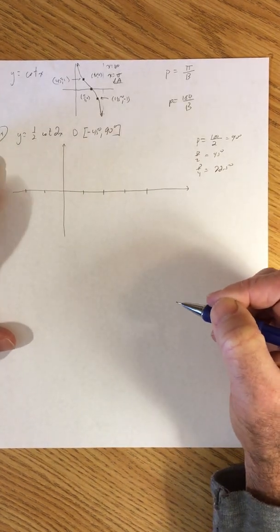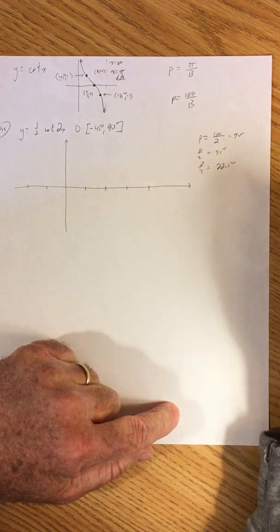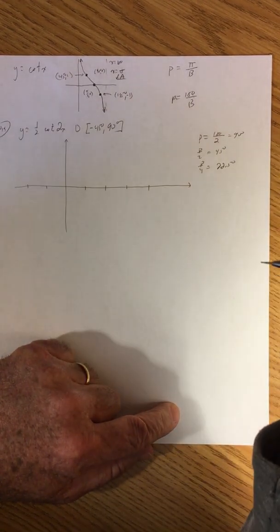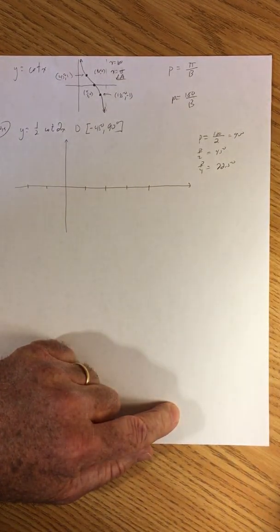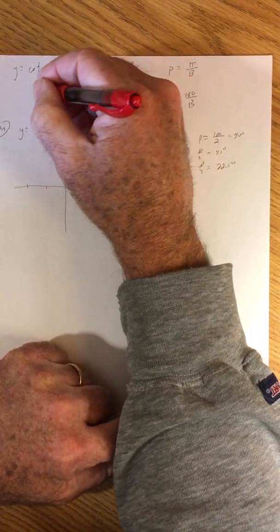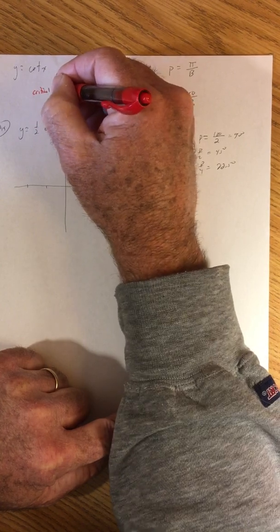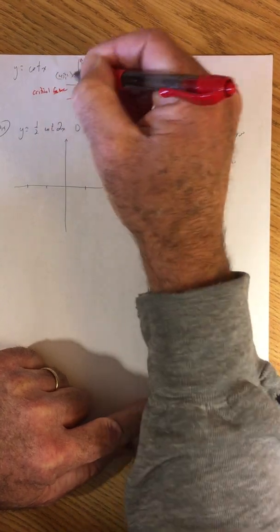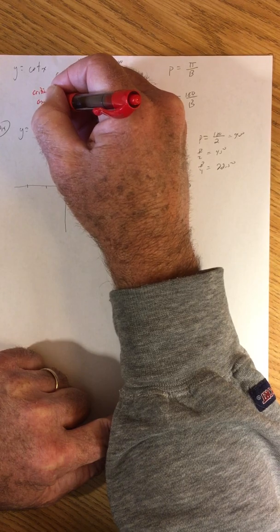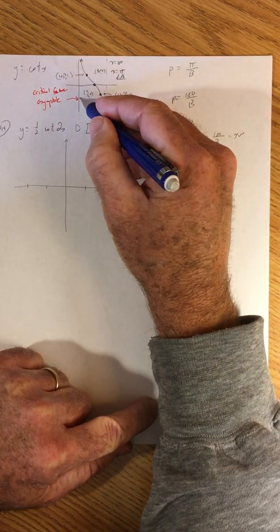Okay. Now, the most difficult thing about the cotangent graph is what's the critical point? Now, there is no critical point. The critical feature, we call it, is the asymptote. That is what gets shifted.